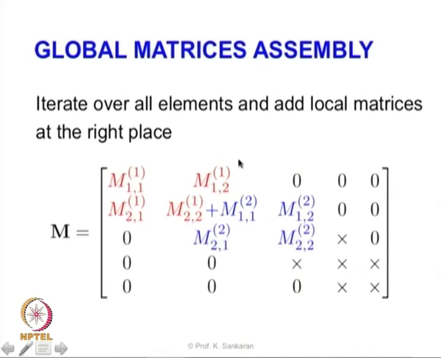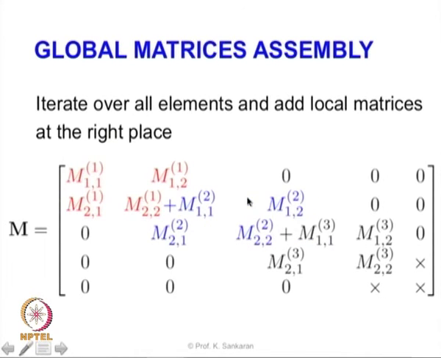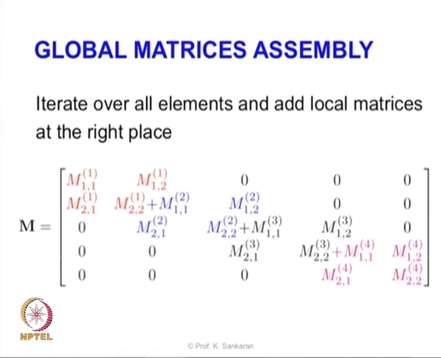The second node of the first element and the first node of the second element are the same. So we are going to have an overlap. However, the subscripts are different because in this case it belongs to the first element, and in this case it belongs to the second element. Likewise, I will have the third element's contribution and finally the fourth element's contribution.